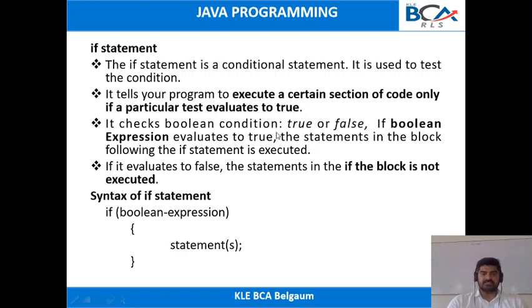If the Boolean expression is evaluated to true, then the statement block following the if statement will be executed. If the condition expression is evaluated to false, the entire if statement will be skipped from the execution.